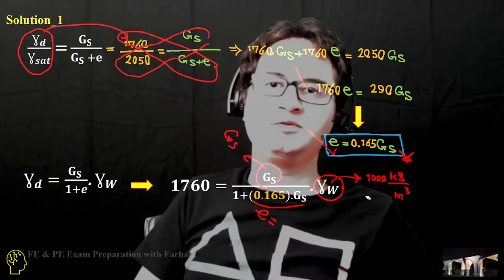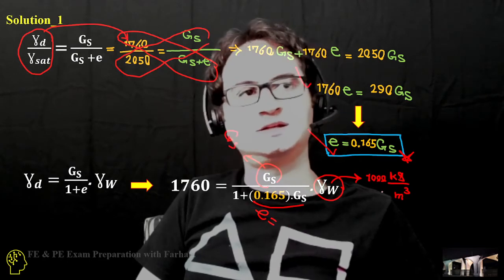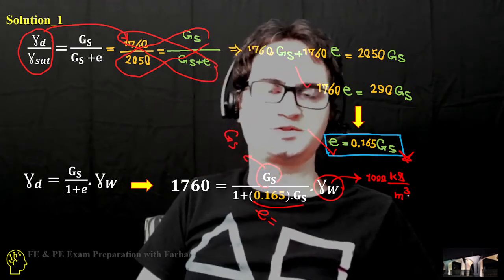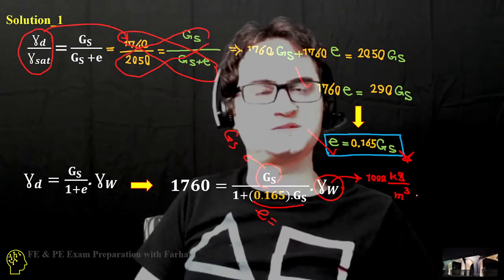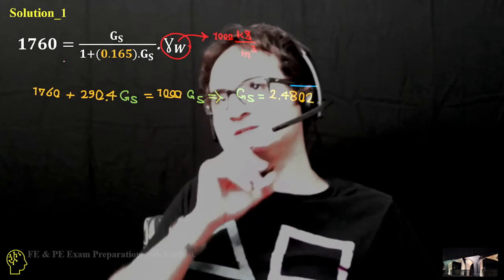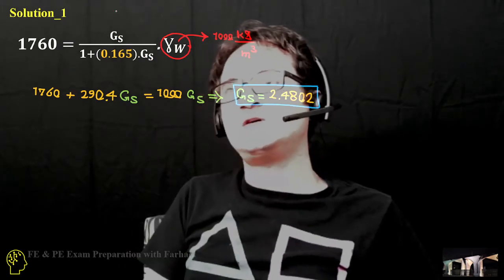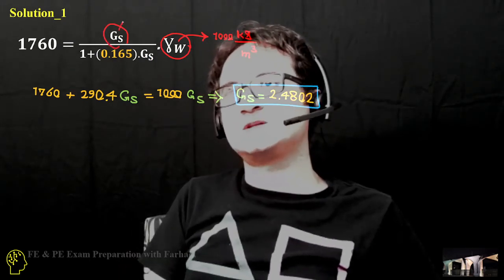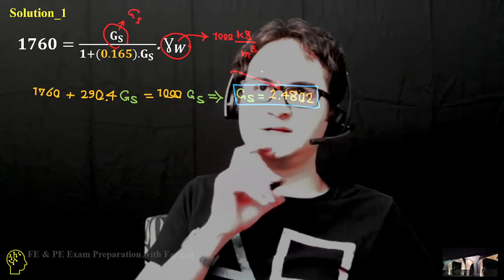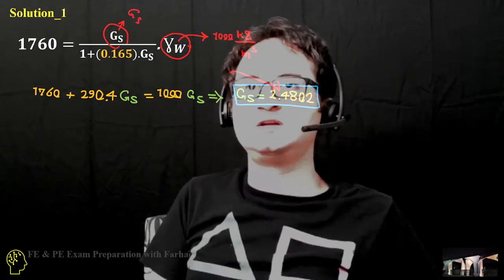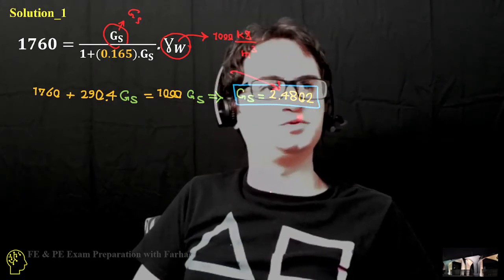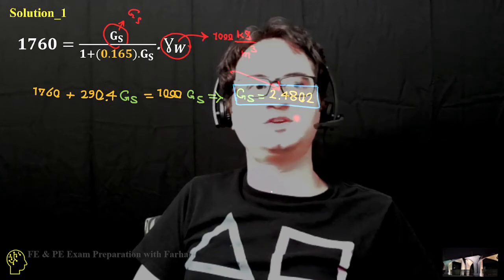Gamma W we already know is 1000 kilogram per cubic meter, or 1 gram per cubic centimeter. If we solve the equation for the only unknown, the specific gravity, it gives us a specific gravity equal to 2.4802.